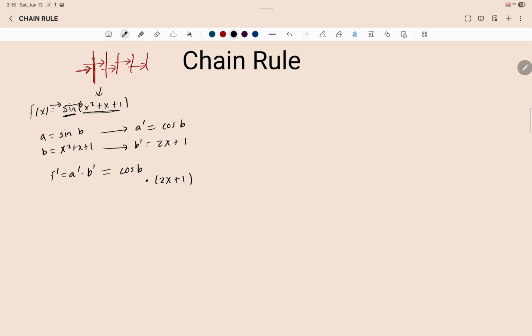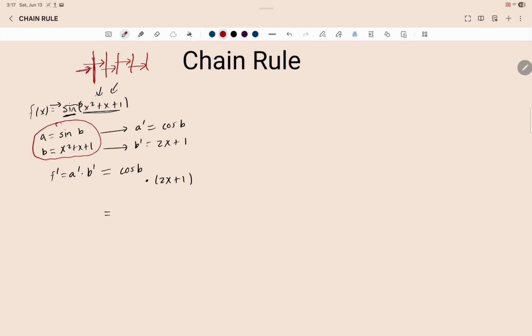Cool. Now we're kind of done, but not really. The issue here, if you guys can spot it, is that initially our variable was x, but here we have b. So in other words, we have to replace the b with the x's, i.e., going back to the original variable.